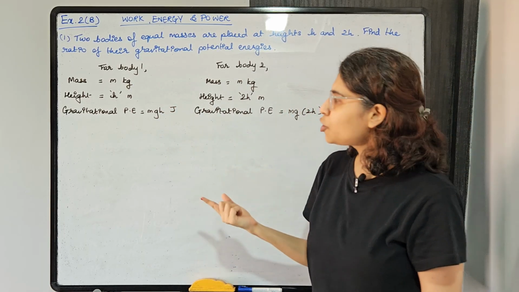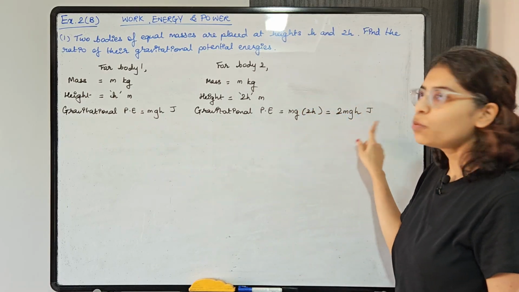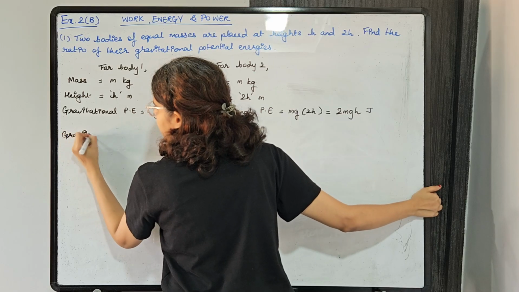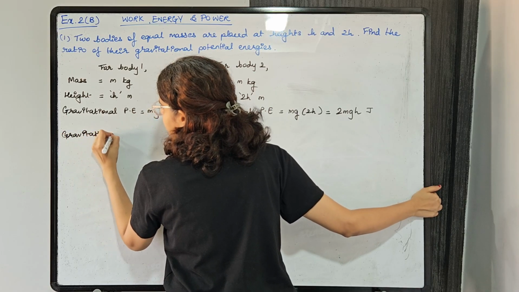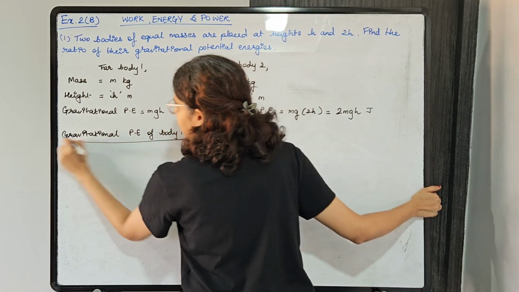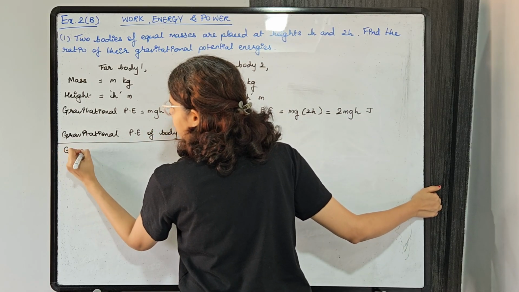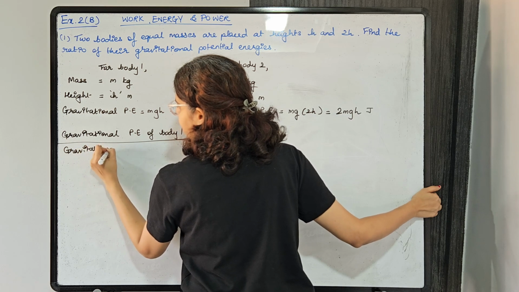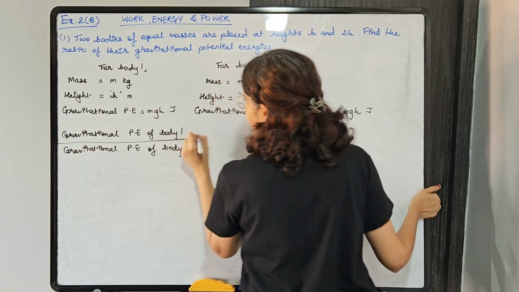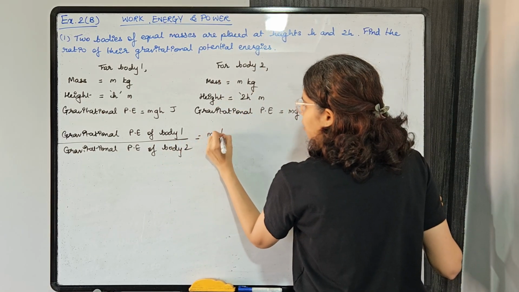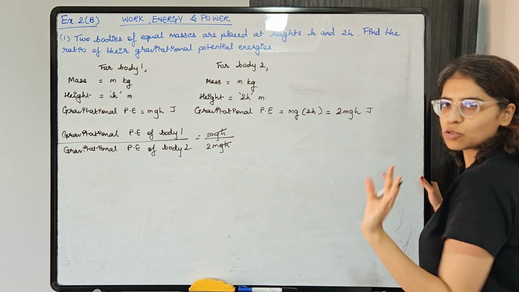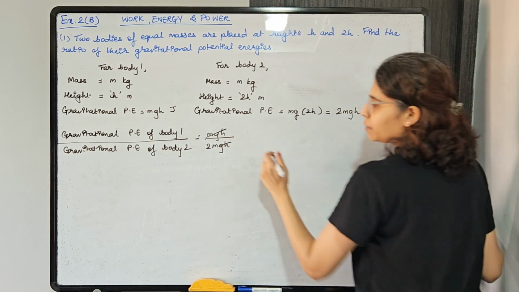You need to find out the ratio. So mgh upon 2mgh. Gravitational potential energy of body 1 upon gravitational potential energy of body 2 is mgh upon 2mgh. It will cancel, h will cancel.